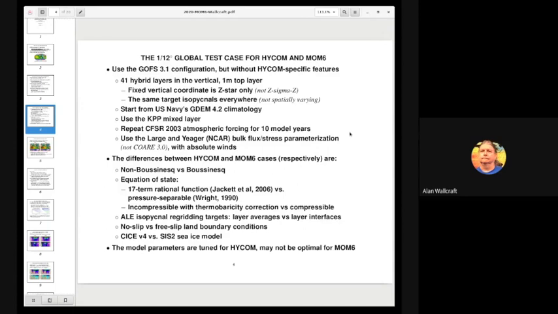I think there's no doubt that if you were running a fully coupled model, you would want to use relative winds. There are some papers out there saying that if you use prescribed winds, then you should either not use relative winds, or you should modify relative winds. So it's a bit of a fuzzy area generally for prescribed atmosphere kind of runs.